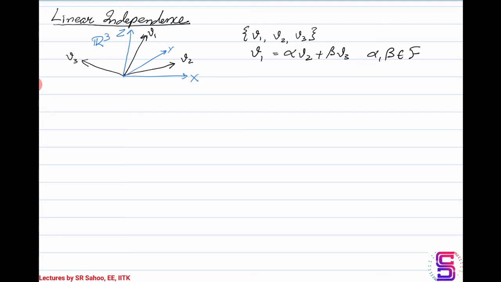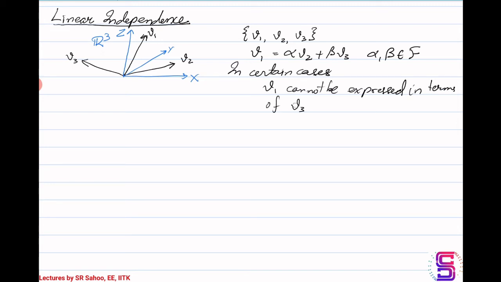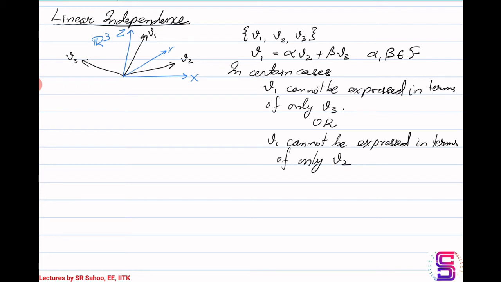It might so happen that in certain cases v1 cannot be expressed in terms of only v3, or v1 cannot be expressed in terms of only v2, and it requires possibly both the vectors to finally obtain v1.